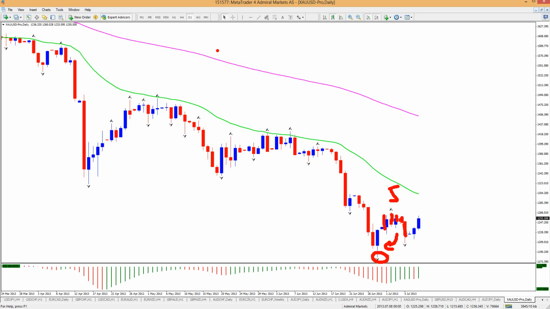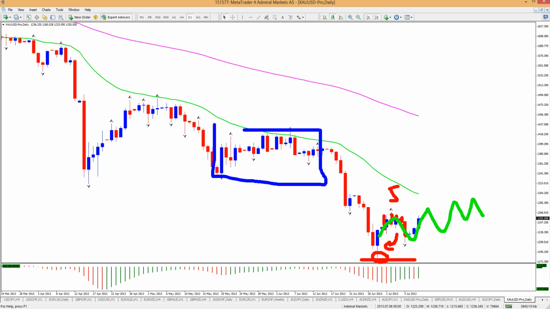All I'm saying is that the likelihood of a bigger retrace is now higher than an immediate break of this bottom, and that bigger retrace could be anything like, for example, the blue box in here, which looks like 3 weeks.